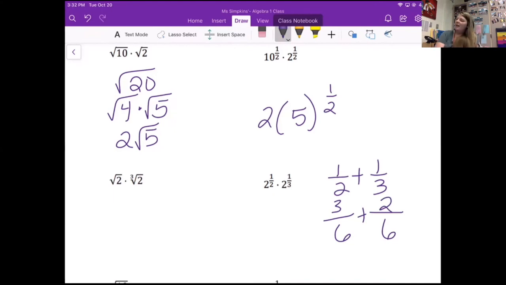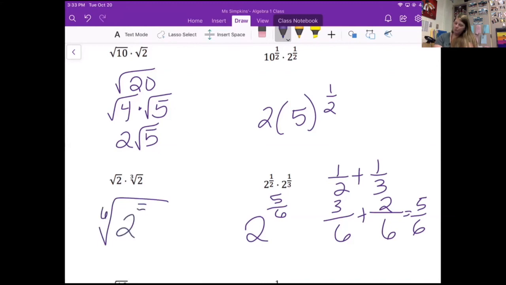If I add the numerators together, I would get 5/6. So when we write our answer, the base doesn't change. It's still 2 to the 5/6 power. How could I write that as a radical? Would it be the radical symbol with the 6 on the outside, and then 2 to the 5th? Right.